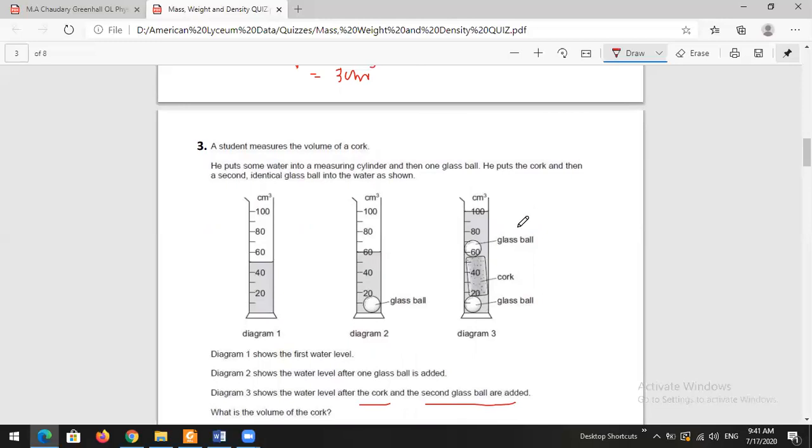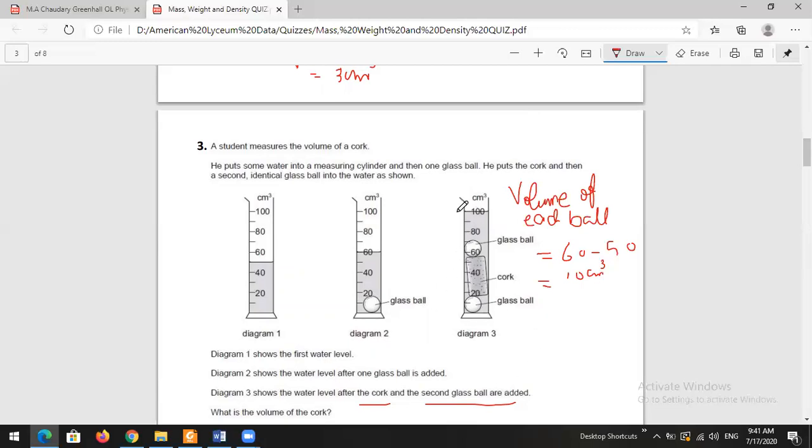You can write here volume of each ball equals 60 minus 50, 10 centimeter cube.